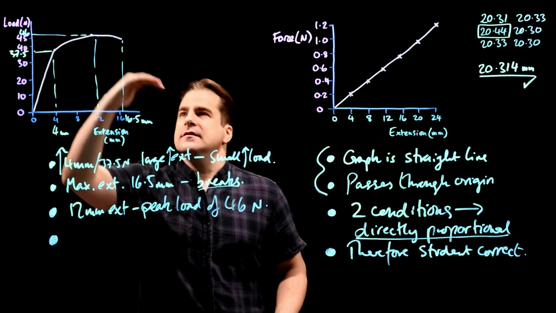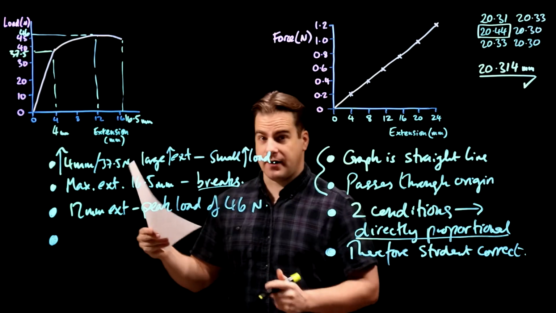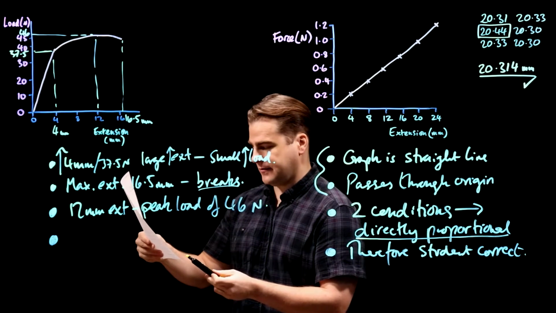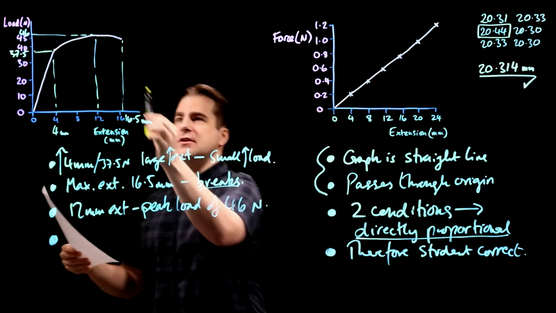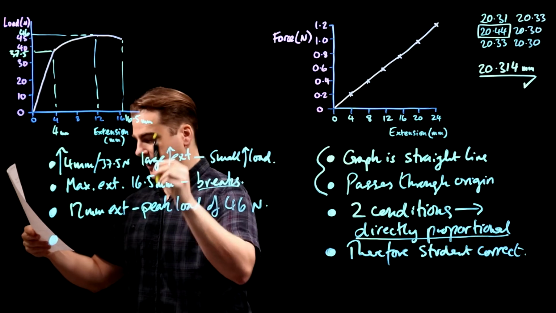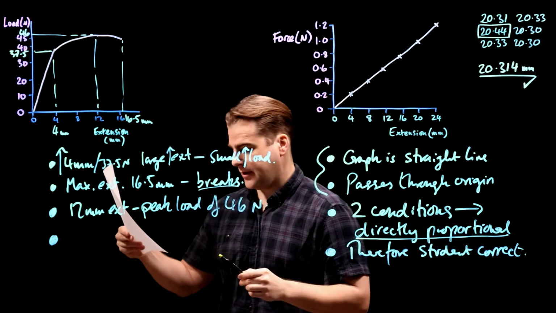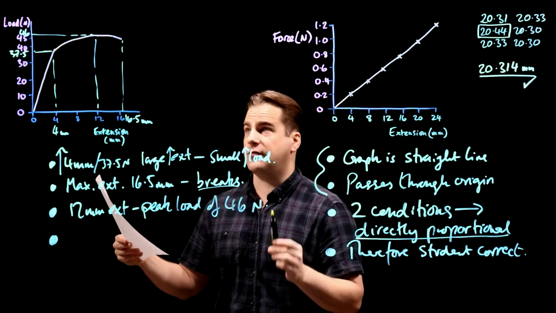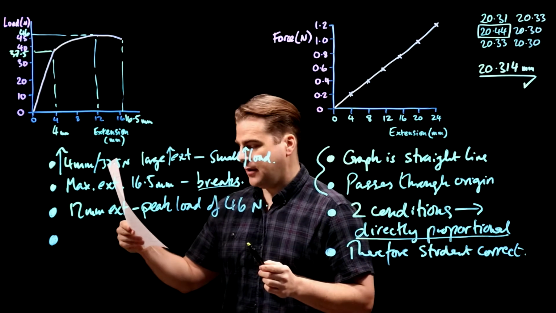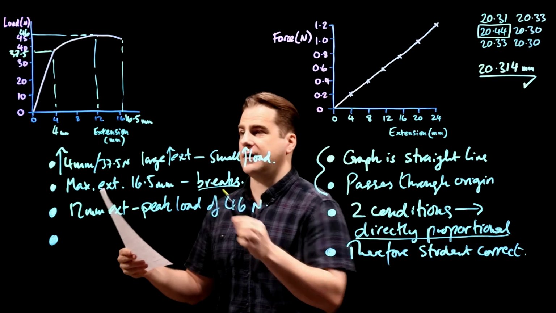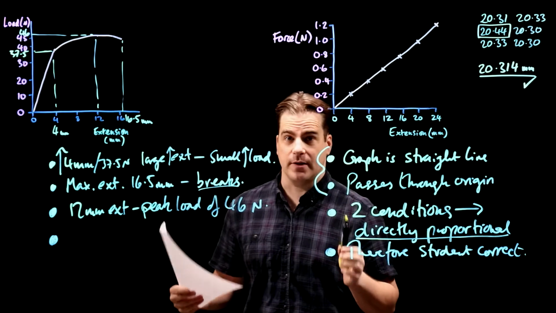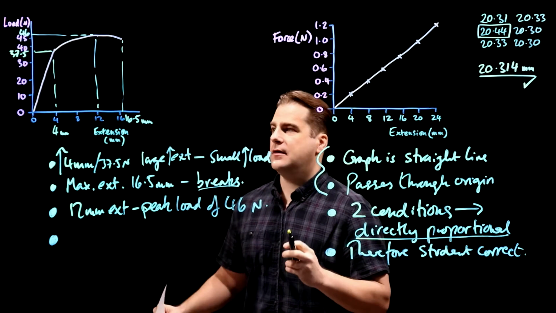Okay? So, I think you should say something like this. Beyond an extension of 12 millimeters, the load is reduced from 46 newtons to 44 newtons, but the wire still keeps extending from 12 to 16.5 millimeters. Okay?